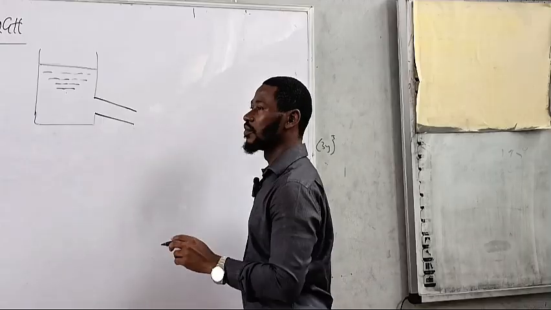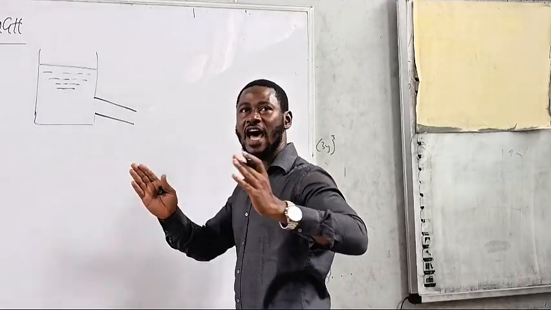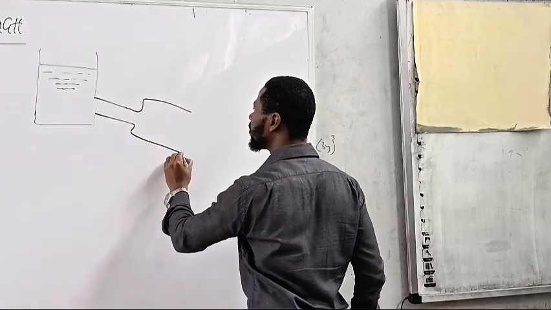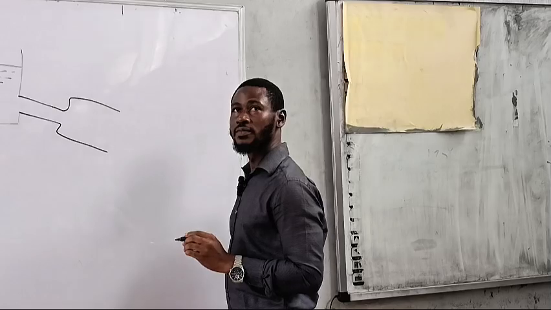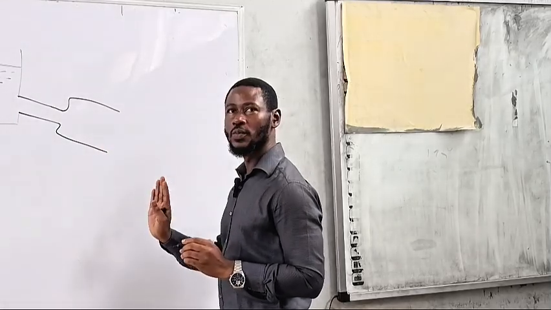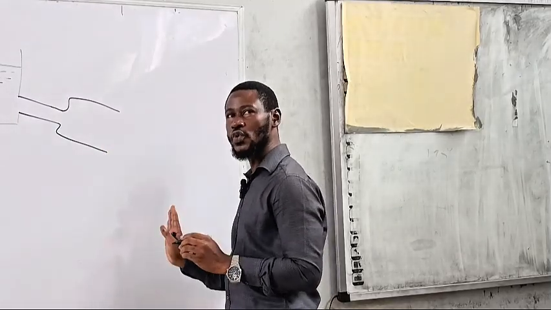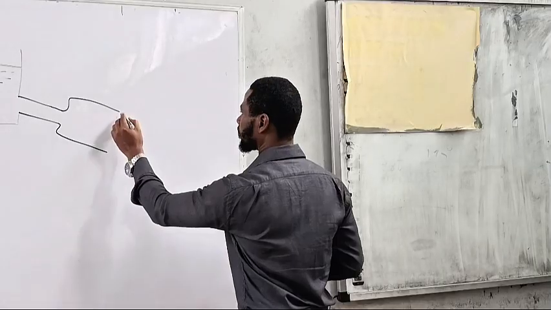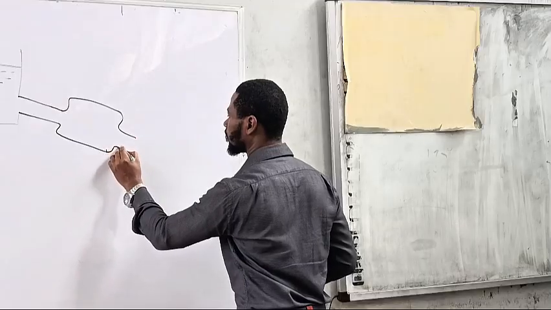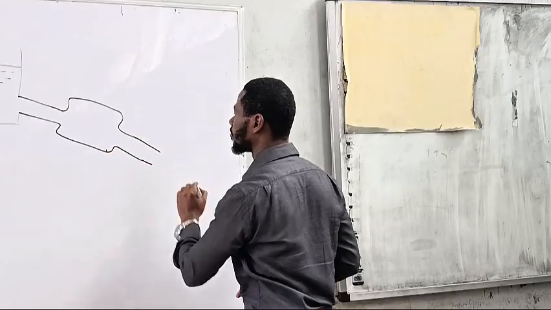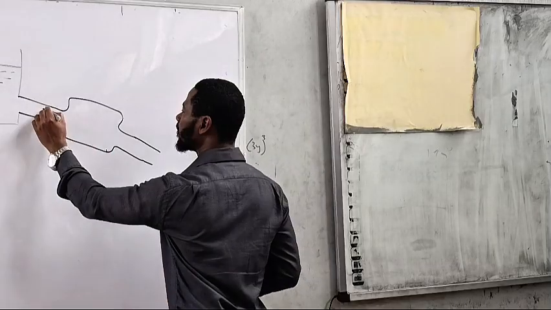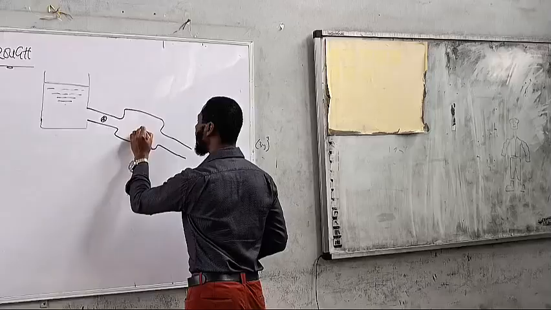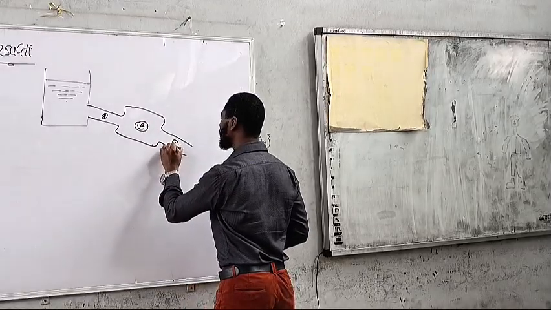All of a sudden, pipe 1 enlarges to pipe 2. Also, at the exit of pipe 2, it contracts. So this is pipe 1, pipe 2, pipe A, pipe B, pipe C.